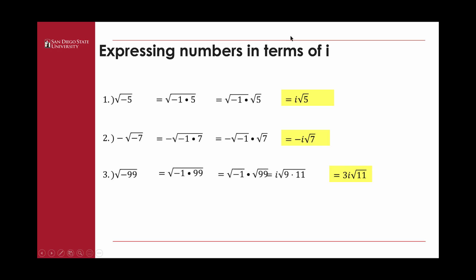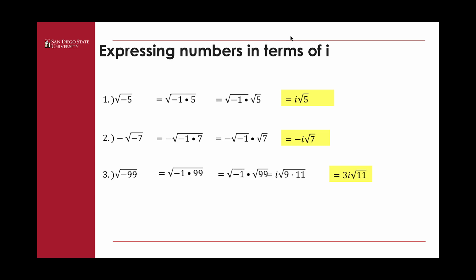Let's continue expressing the numbers in terms of i to make a better understanding. Square root of -5 would be square root of -1 times 5, and if we separate these numbers, we'll get i times square root of 5. And minus square root of -7 would be minus square root of -1 times 7, which will eventually be minus i times square root of 7.